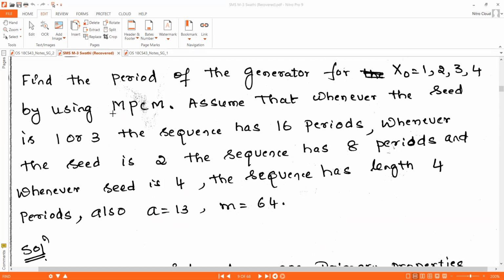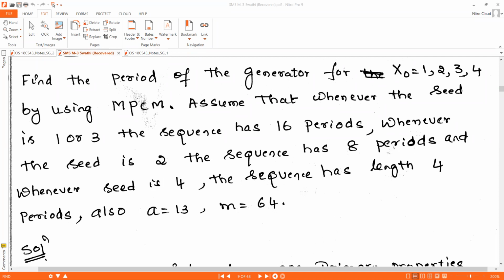Okay, by using MPCM. What does MPCM mean? It is the multiplicative congruential method. Okay, by using the multiplicative congruential method, they are asking us to generate the random numbers, and they have given the x naught value. They have asked us to assume it. Find the random numbers by assuming x naught equal to 1. Find the random numbers by assuming x naught equal to 2.